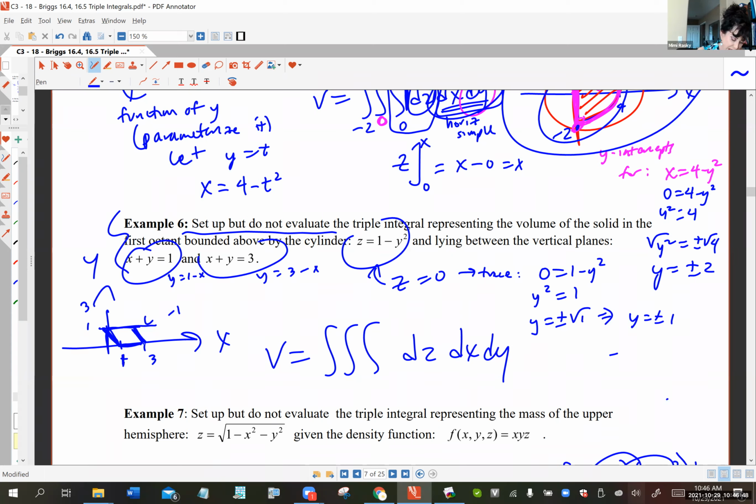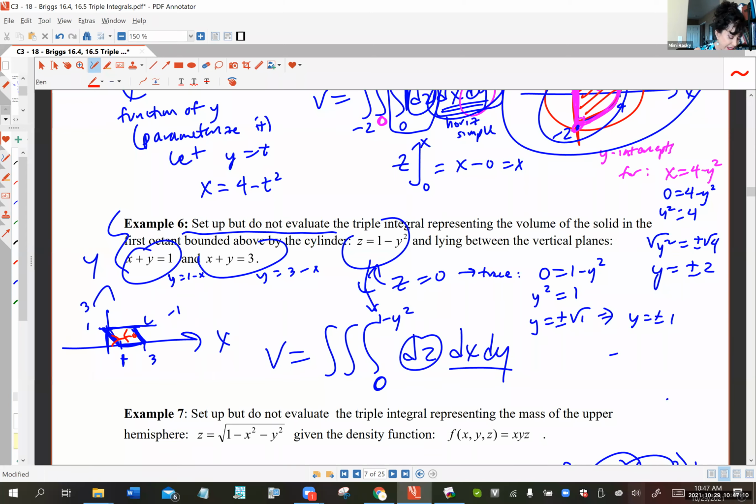So z is going to go from the xy plane, which has the equation z = 0, up to the upper limit, which is z = 1 - y², and then dx dy, put in your vertical or your horizontal little man.